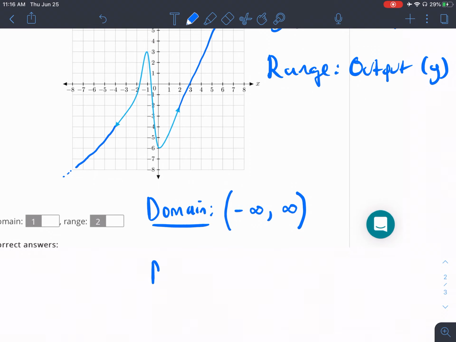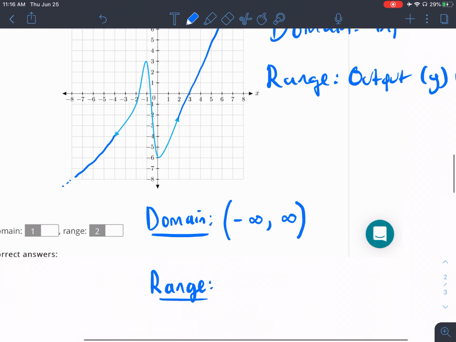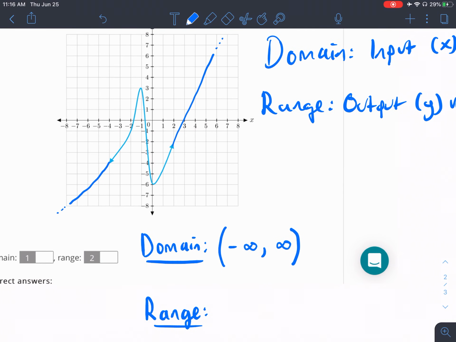So let's take a look at the range. So range is all about the y values, and we want to go in increasing order. Now, if I was to erase these pictures here, you might be tempted to say that -6 seems to be the smallest y value that will become an output. But because this graph goes on forever going down, notice that -7 is actually a point on the graph.